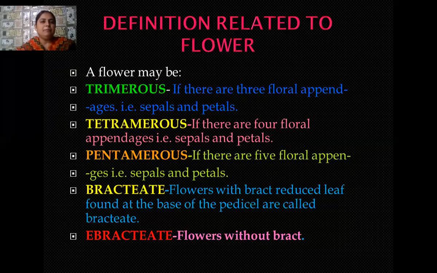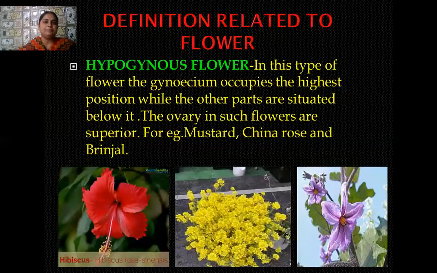These small leaf-like structures are known as bracts. If they are present at the base of the pedicel, then such a flower is known as bracteate. The flowers with a bract or reduced leaf found at the base of the pedicel are known as bracteate flowers. Ebracteate flowers are those which do not have a bract.